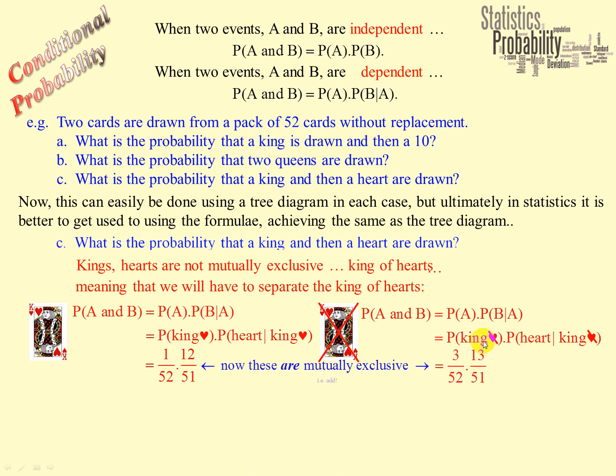King but not hearts, there are 3 of them, out of 52. And then how many hearts are left if we haven't drawn the king of hearts? Well, there are still 13 hearts, and 51 cards. Now these are mutually exclusive, so we need to add them together. So probability of king then heart is 1 over 52 times 12 over 51 plus 3 over 52 times 13 over 51. And there is the answer, 1 over 52.